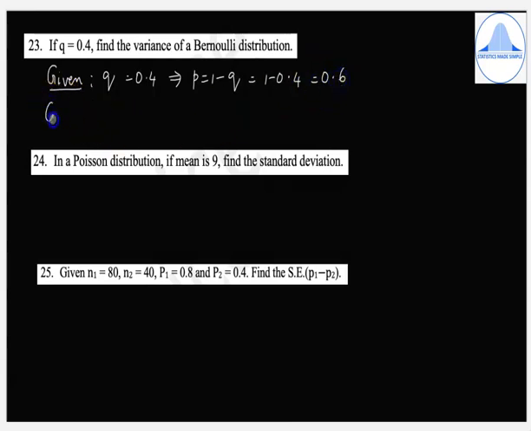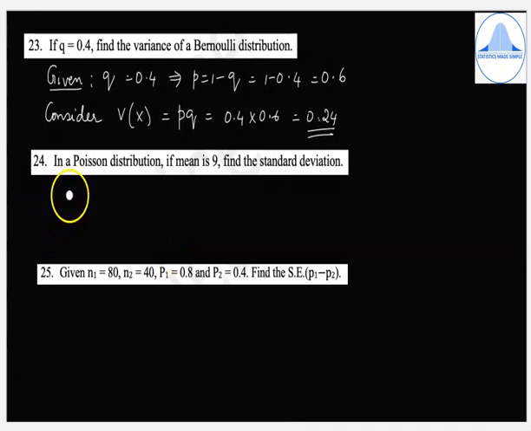So now let's write the formula for the variance of the Bernoulli distribution. So consider V of x is equal to PQ, which is 0.4 into 0.6. So the answer is 0.24.